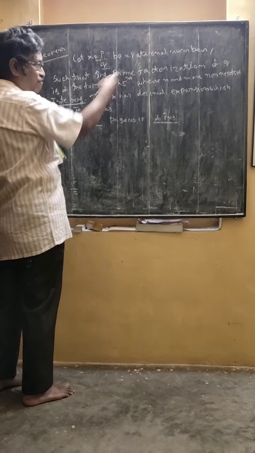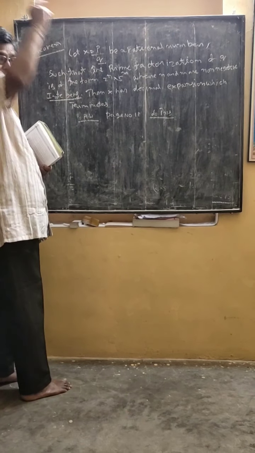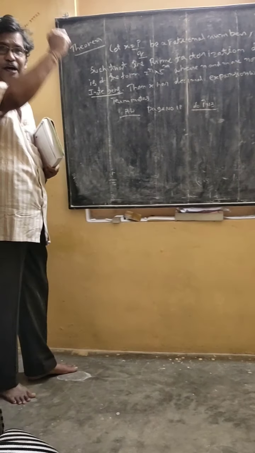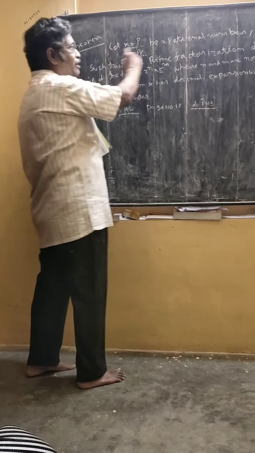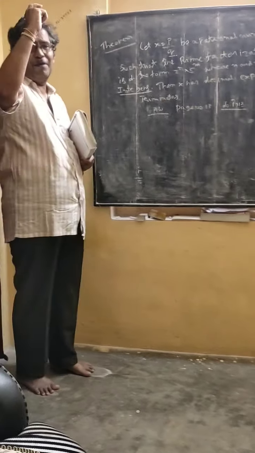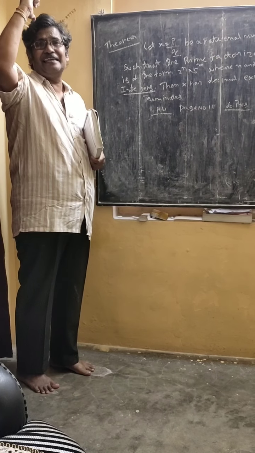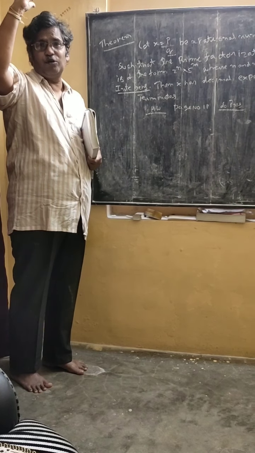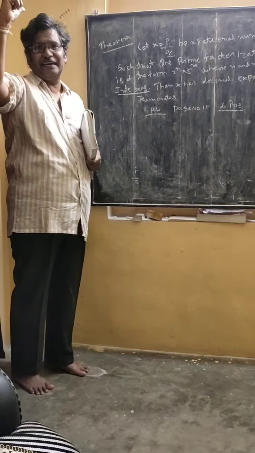If q is prime factorized, it is the reverse of that one. There the hypothesis comes here into conclusion, and the conclusion comes into the hypothesis. In the 1.3 theorem, what is the hypothesis? It is a terminating decimal. What is the conclusion? p by q is a rational number.